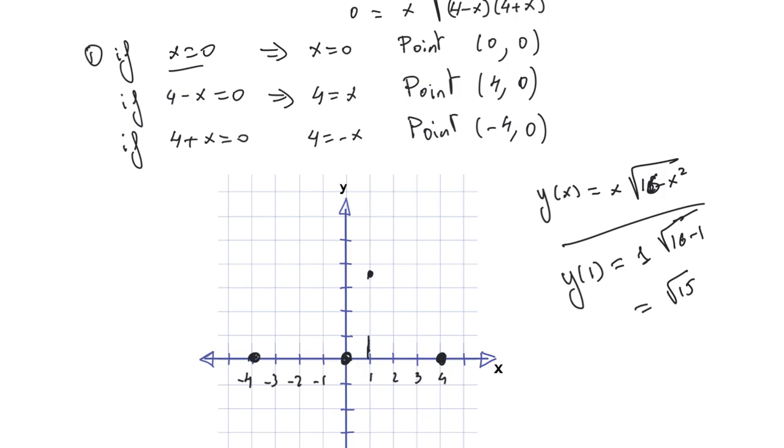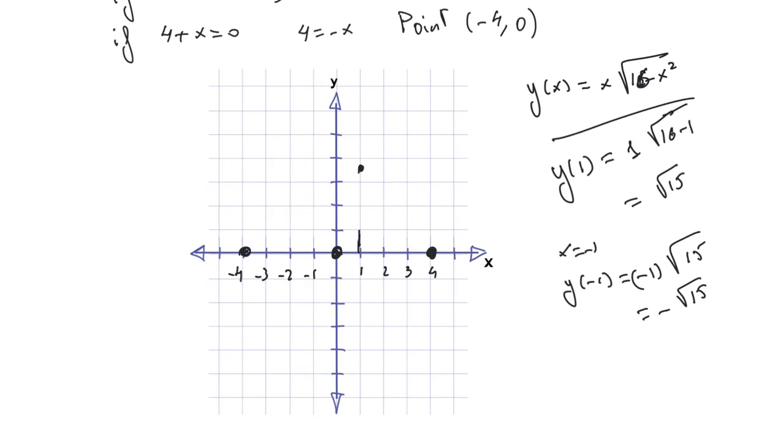So how will you graph it? When x equals minus 1, what is y of minus 1? It will be minus 1 multiplied by square root of 16 minus 1 squared. It will be minus square root of 15. So at minus 1, the value will be almost minus 4.